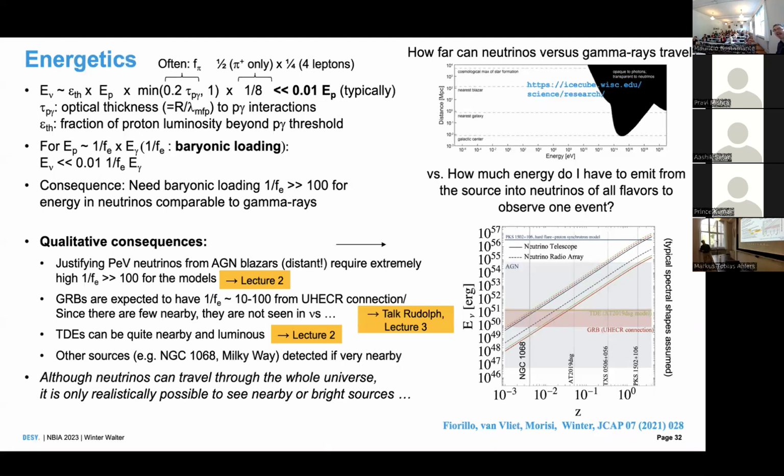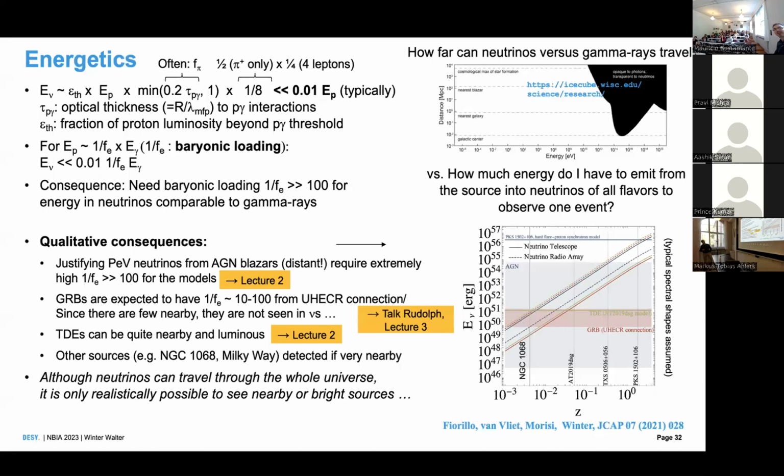Optical thickness gives you a handle on how frequently you would interact before you leave the source. Typically this number is much smaller than 1 because you would not find as many targets that you would be stopped there. But if you have an optically thick source, then this optical thickness would be much larger than 1. This could be also not only the size of the source, you could also have the escape time. So it depends a bit on the model.